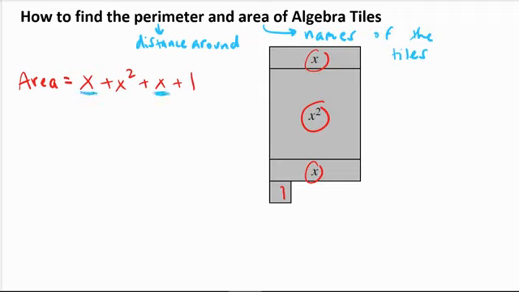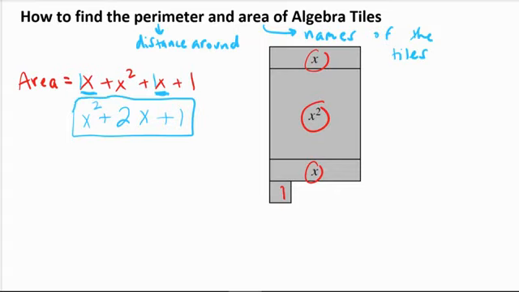They're both 1x because there's an invisible 1 in front. So why don't I combine those together? So I have 2 x's. And then I'm going to put the x squared first because I like to put them in biggest to smallest. So there's 1 x squared tile, 2 x tiles, and then there's 1 unit at the end. And then that would be our area.